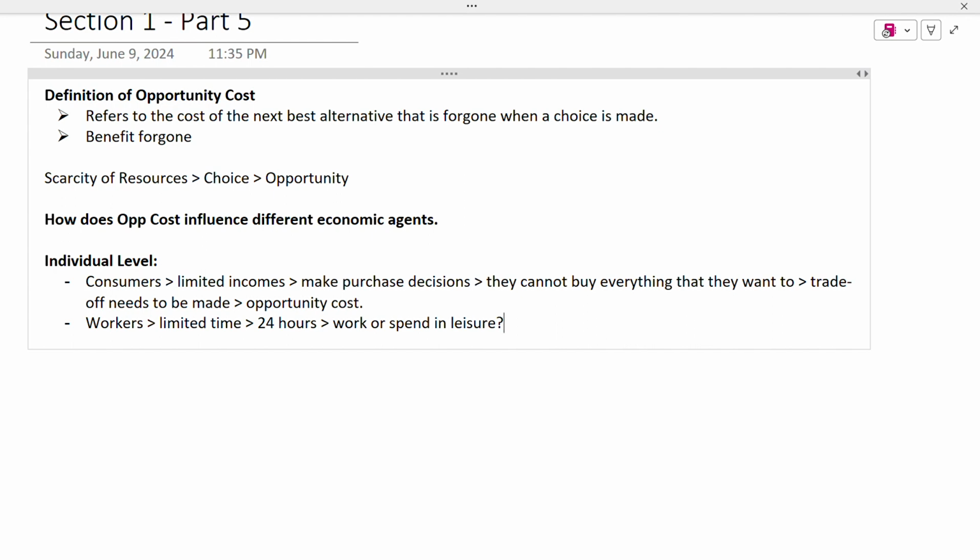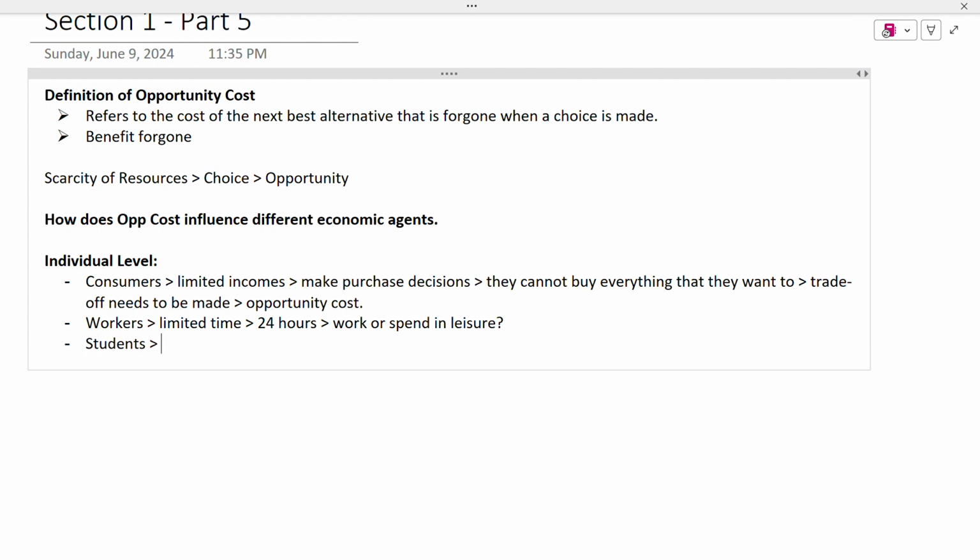So that leisure time that I'm foregoing, the satisfaction and comfort that I could have gotten from it, I'm foregoing that to work. So workers face an opportunity cost as well, because they need to choose whether to work or to spend time in leisure.